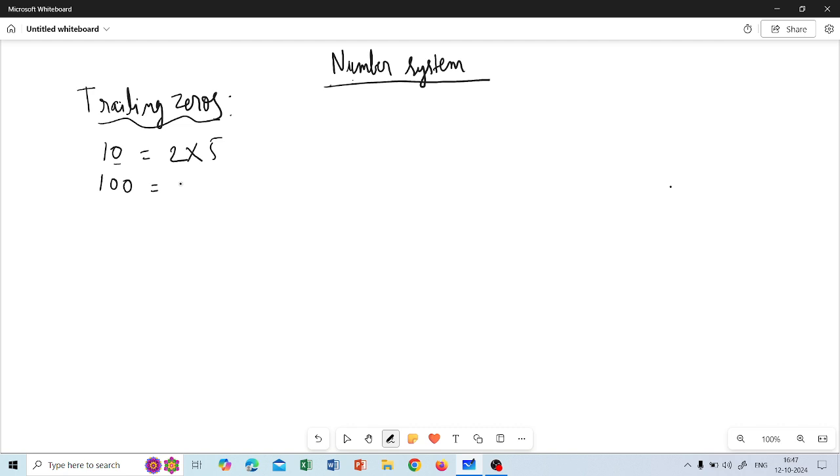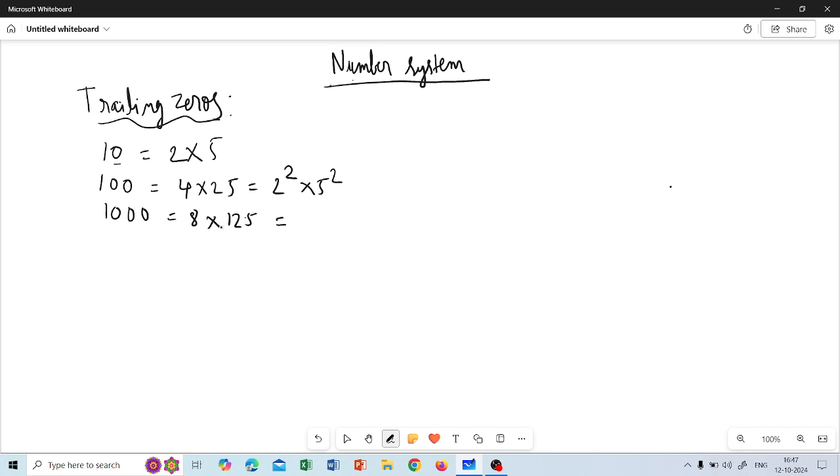I can write 100 as 4 into 25, or I can write 4 as 2 square into 5 square. Similarly, 1000, I can write it as 8 into 125, right?